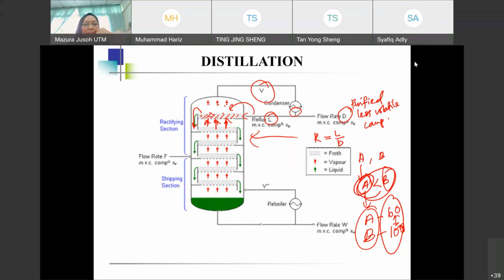Okay. Because I think throughout the column, the temperature is not uniform. Throughout the column, yes, the temperature will not be the same because you have a reboiler here and that is the only heat source in the column, right? So it will be the hottest at the bottom and the coolest at the top.